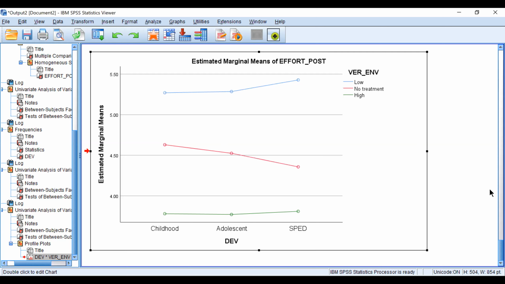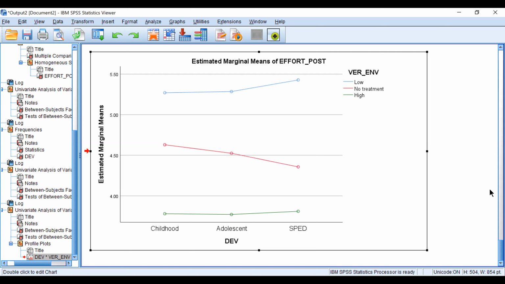And then we did what's called a 2-way or factorial analysis of variance, where in this case we had 3 groups on one independent variable, the achievement level of the students who were the stimuli, and we had 3 groups on the second independent variable, the type of student that the teachers were being trained to work with.